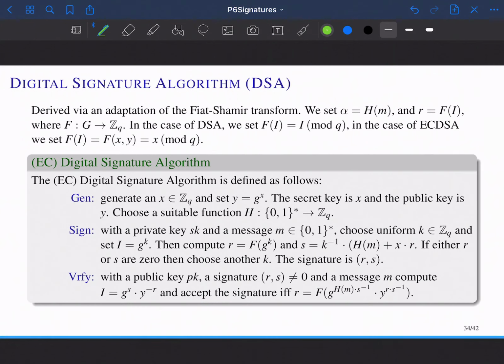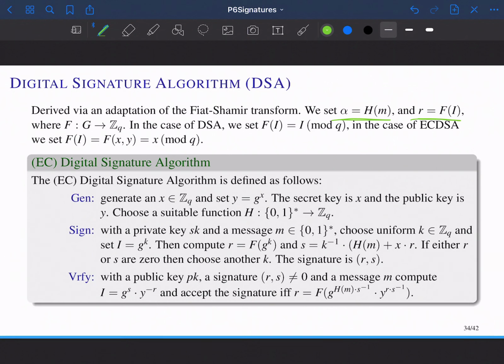Now we can again apply the Fiat-Shamir transform. This time it's slightly adapted in the sense that because there's an alpha, we set the alpha to be equal to the hash value of m, and the r is just f applied to I, whereby f is a function that maps from one group G to Z_q.